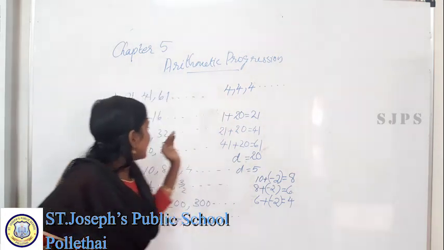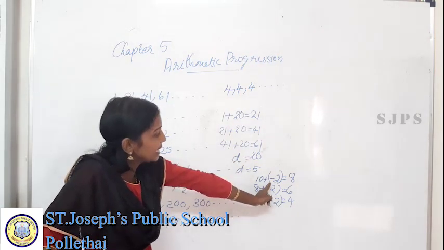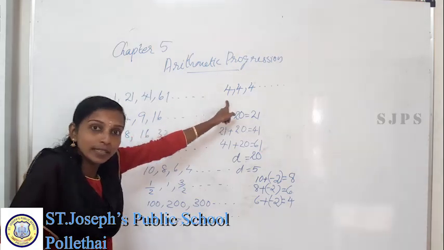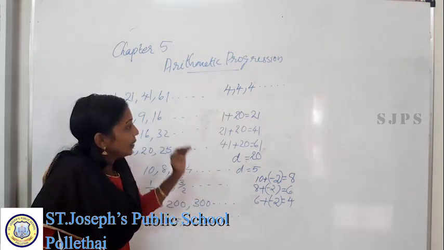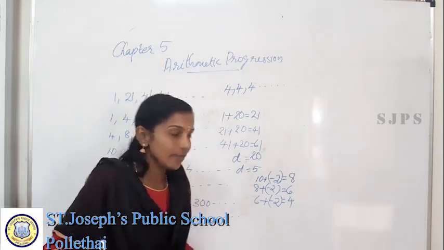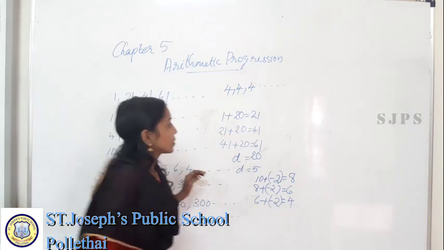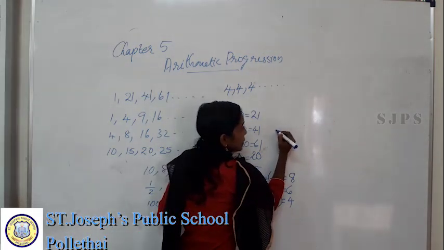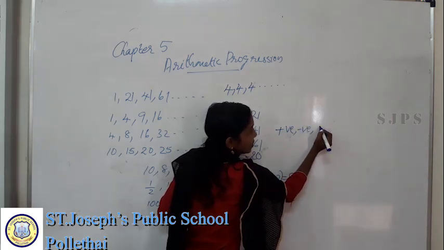So we get the common difference positive in one case, negative in another, and 0 here. So we can conclude that the common difference may be positive, negative or 0.